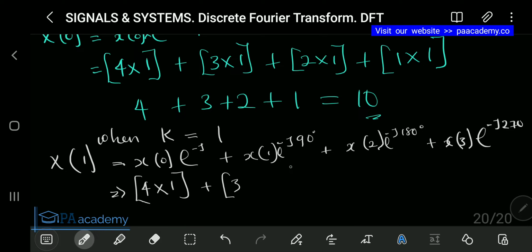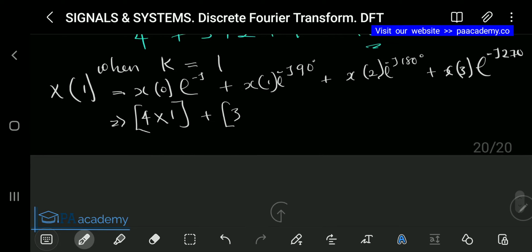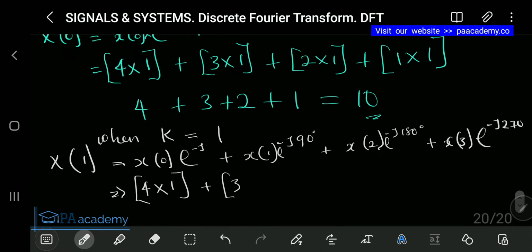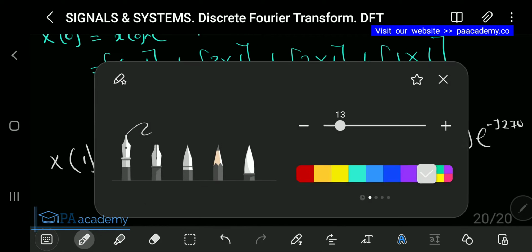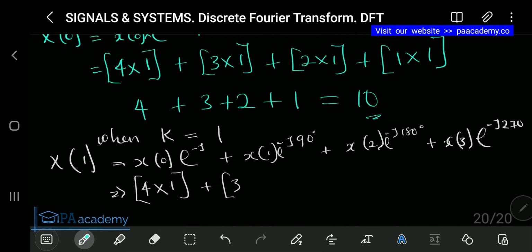Alright, so for us to get the value of what this exponential minus j 90 degrees will give us, let me explain that somewhere here. For you to get that, just take note of this. You are going to be applying cos theta minus j sin theta.